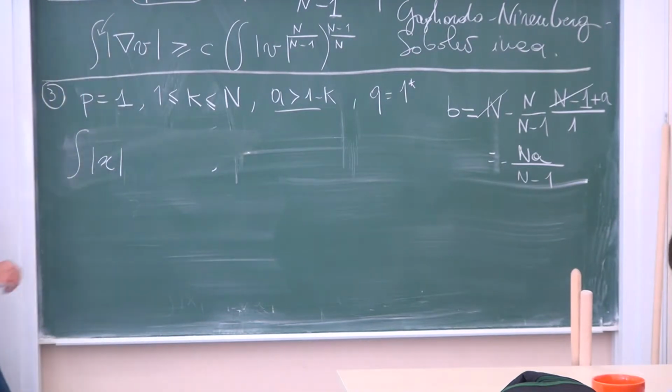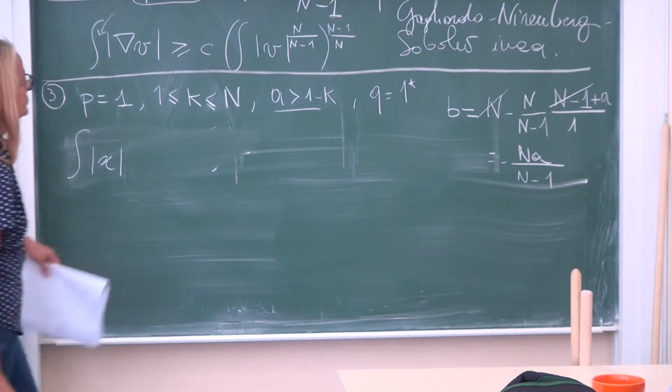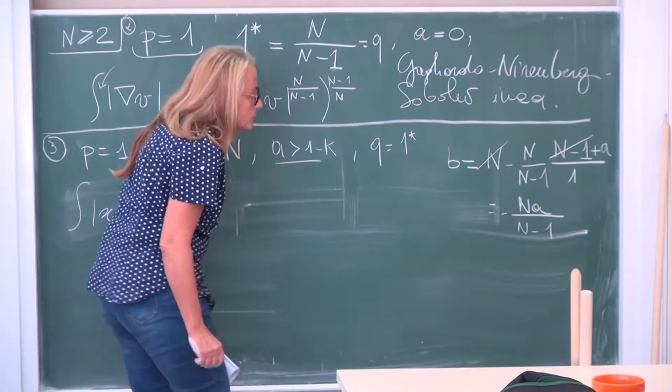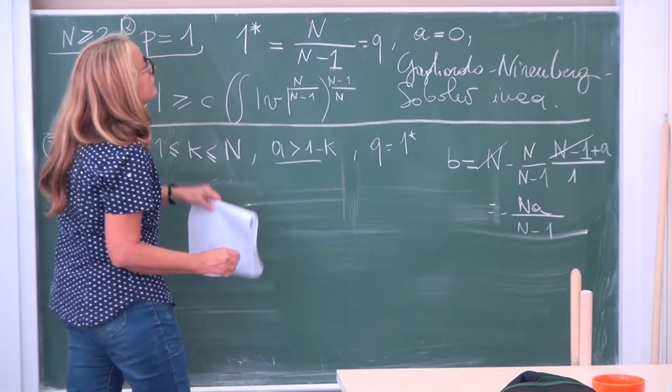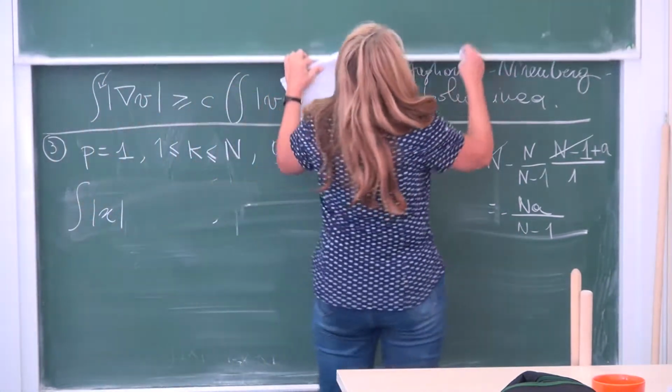Excuse me, in the previous case, why was B equal to 0? Sorry, I haven't computed it. Well, you can look at it. In the previous case, let's say that B equals... always a remark.